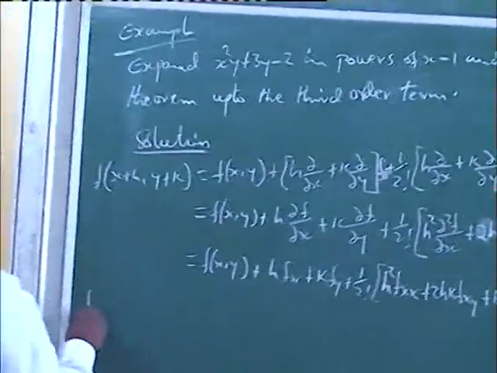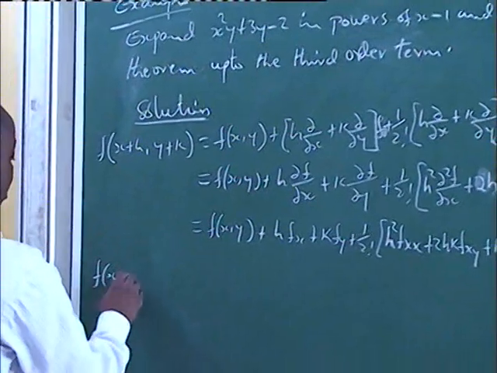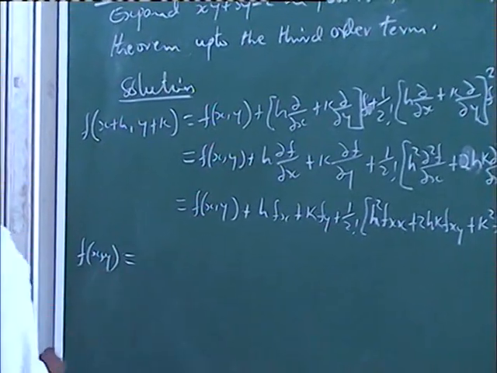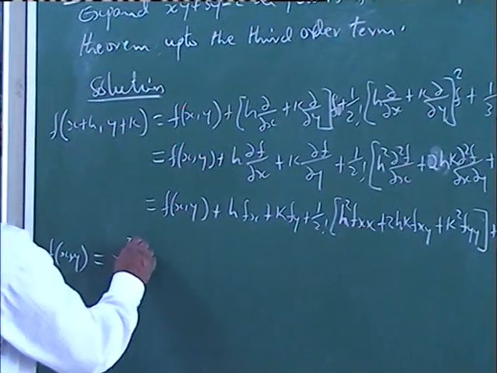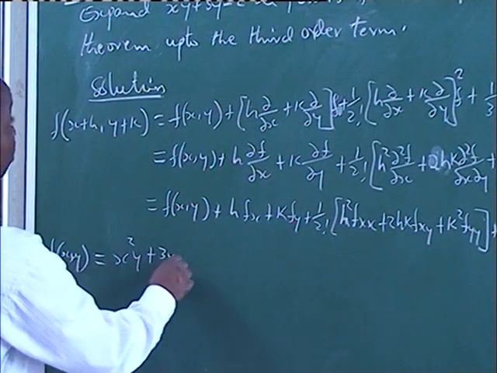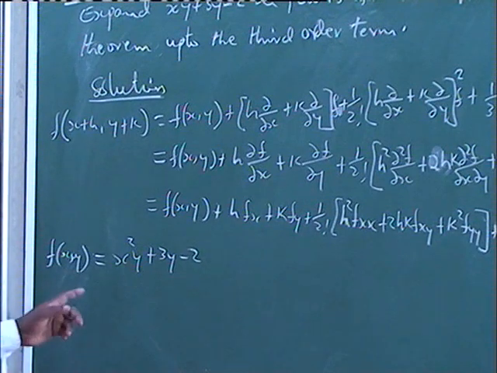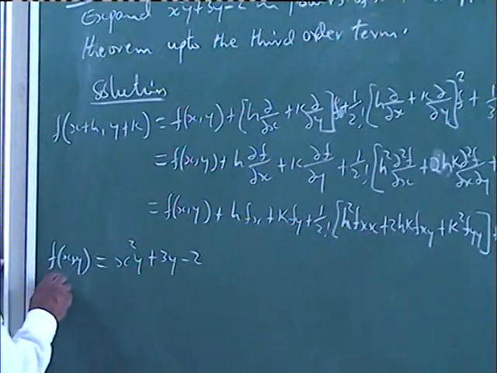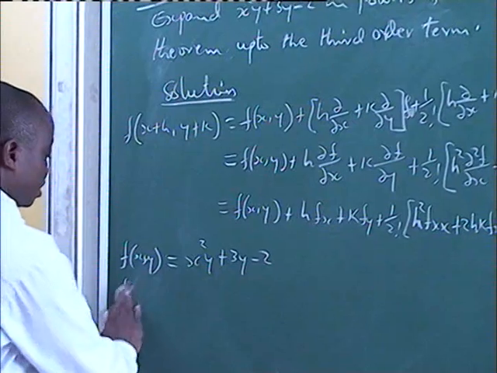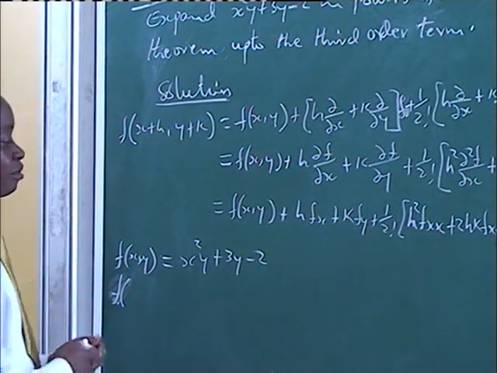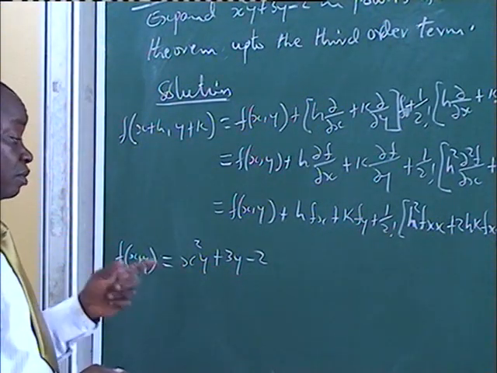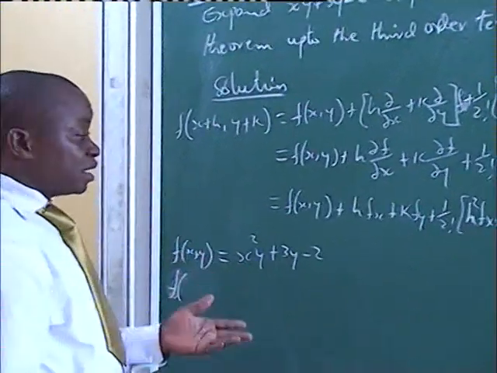Now see the function here. F of xy is equal to x squared y plus 3y minus 2. That is the function we want to expand. And then we know that, see, the first point here is f of, but we need to find one thing. What is x?